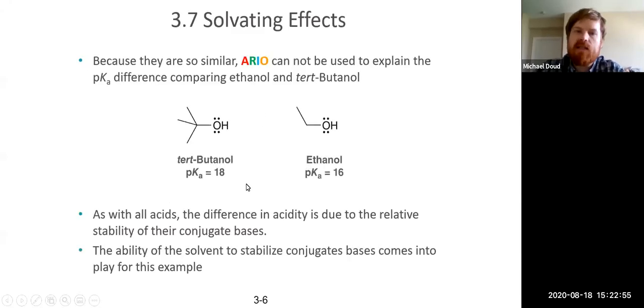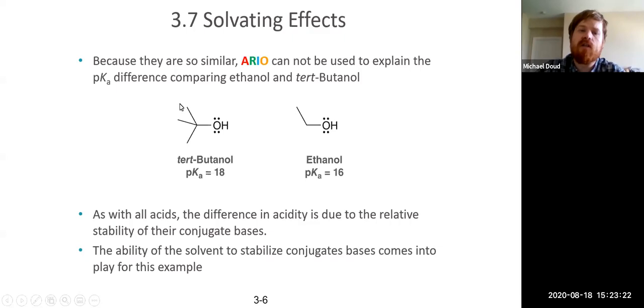Okay, just a couple last little points from this chapter, and then we'll be done. We have the solvating effects first up. REO is really good when we have two protons on really different molecules, but sometimes we have things that we can't explain using just the REO method. For example, tert-butanol and ethanol. We've talked about tert-butanol a lot this chapter because it's very useful.